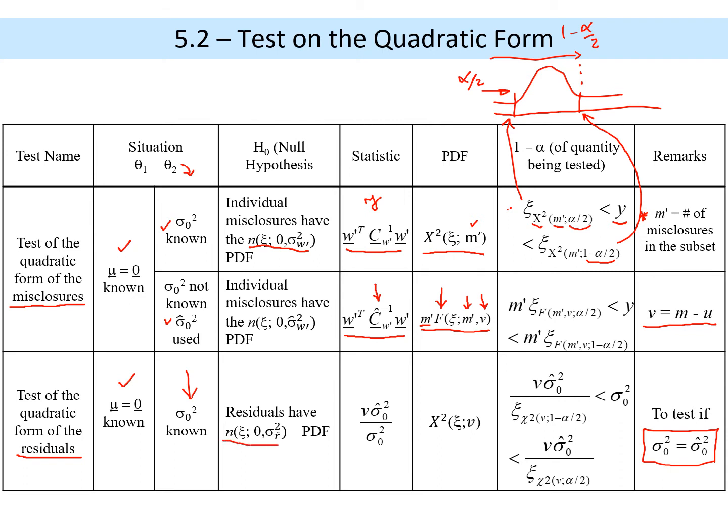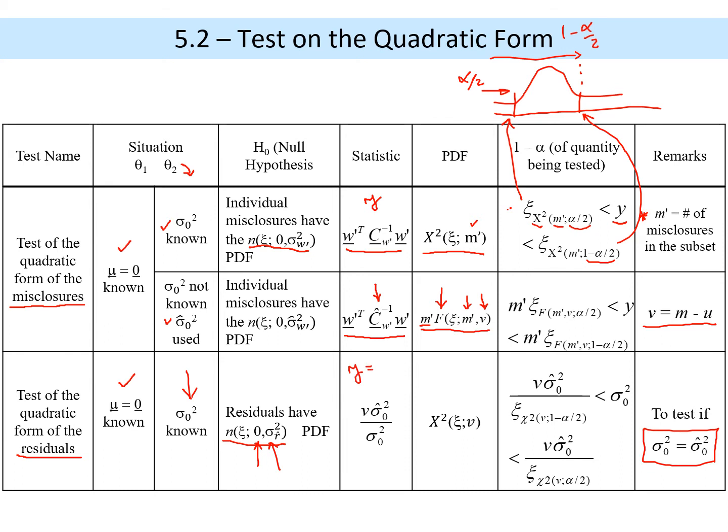Residuals have a normal distribution. This is the null hypothesis with zero mean, and the variance is the variance as given by the covariance matrix of the residuals. This is the statistic.